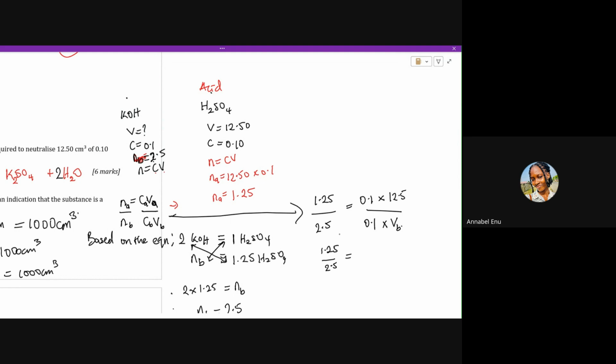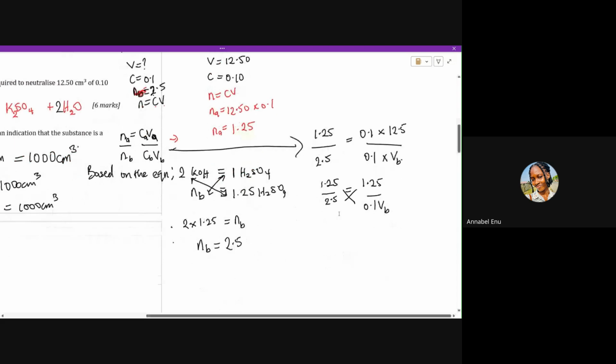It is 0.1 times 12.5, which is also 1.25, divided by 0.1 volume of base. So from here we can cross multiply again, and it will now be 1.25 times 0.1.